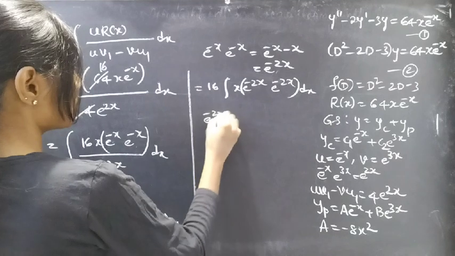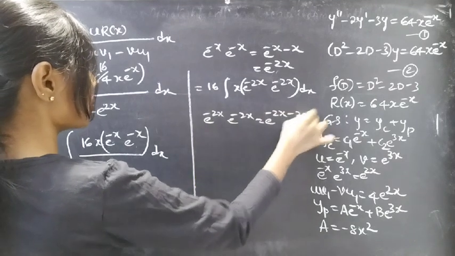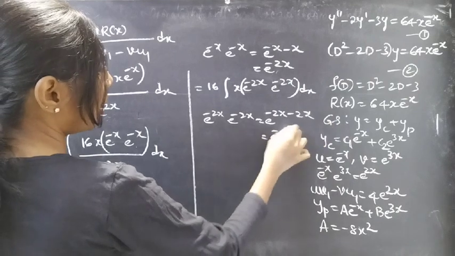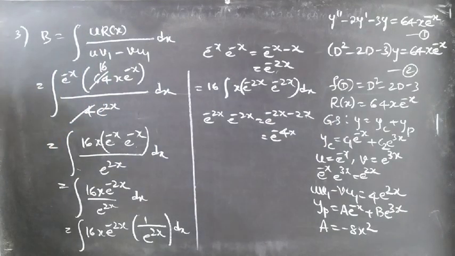We can write e power minus 2x into e power minus 2x as e power minus 4x. Minus 2x minus 2x is minus 4x. So you'll get e power minus 2x into e power minus 2x equals e power minus 4x.